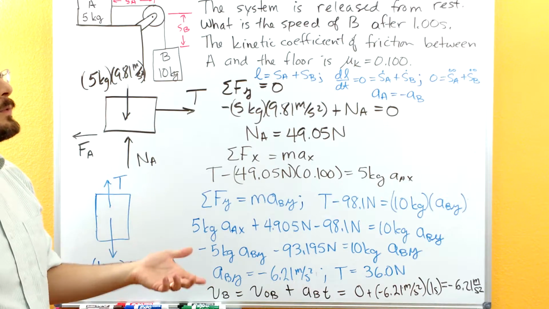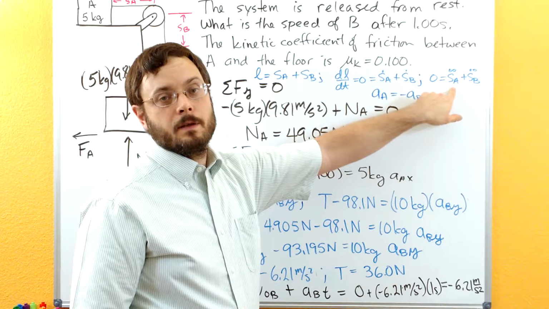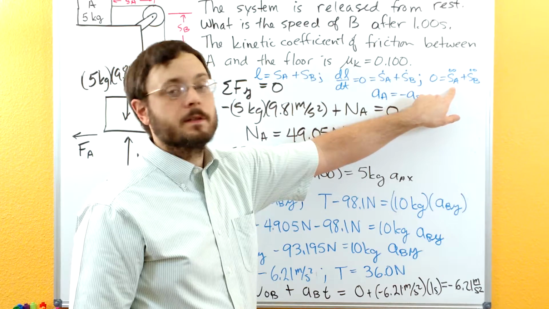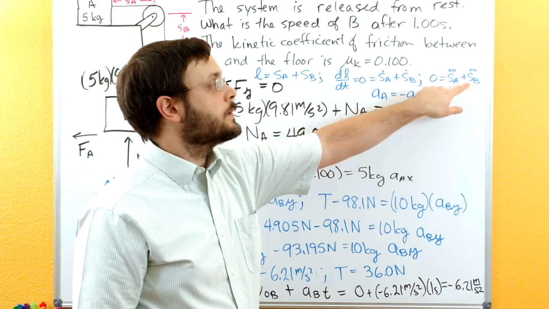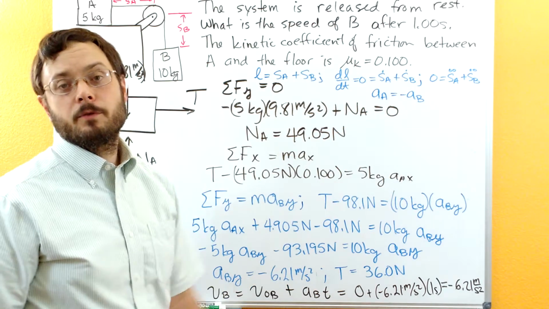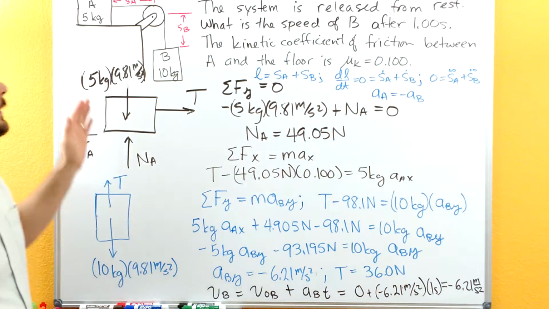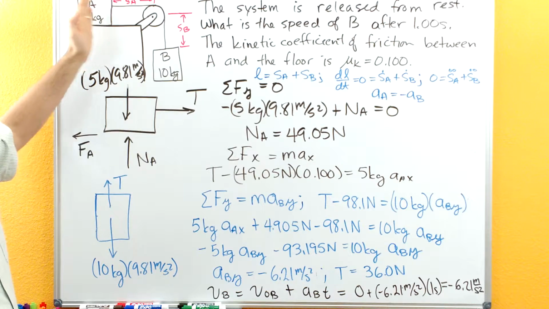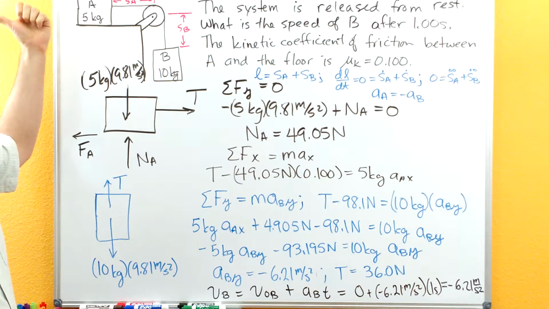Taking a second derivative with respect to time, we get 0 is equal to d squared SA dt squared plus d squared SB dt squared. Remember that the double dot means it's that second derivative with respect to time. Plugging in here, we've got the SA. If SA was to increase, then A would be moving in the negative x direction.